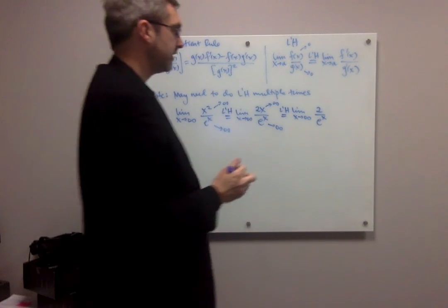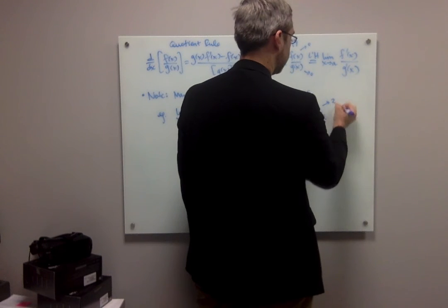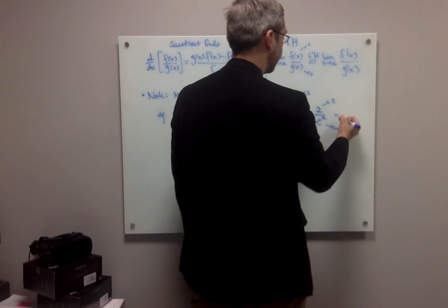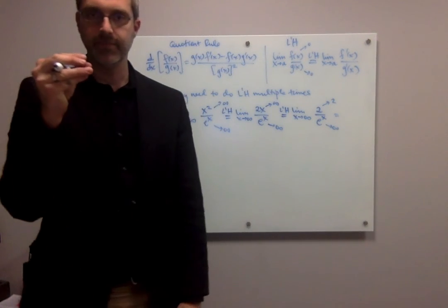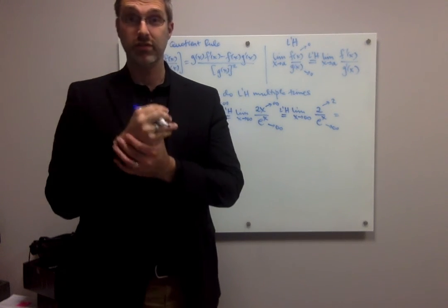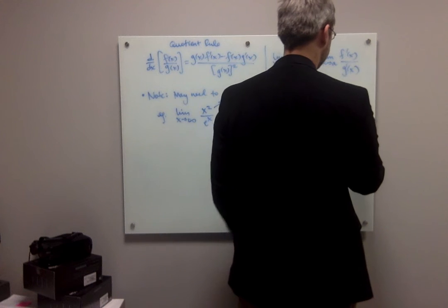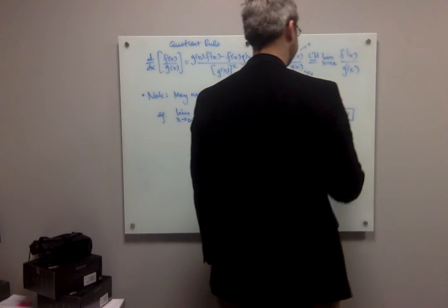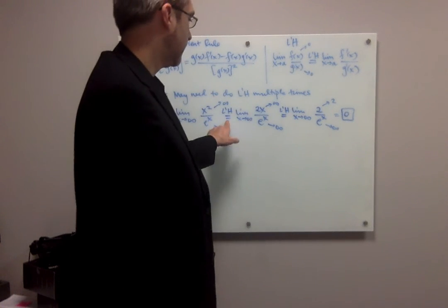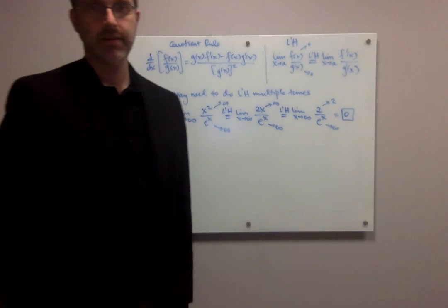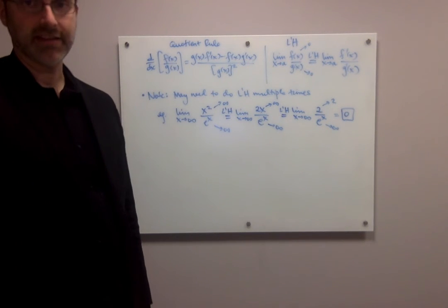And now the top is going to 2, and the bottom is going to infinity. So I have a fraction where the top is 2, and the bottom is huge. 2 over a huge number is a really small number. This fraction is going to 0. So there I had to apply L'Hopital's rule twice in order to get to a final answer.